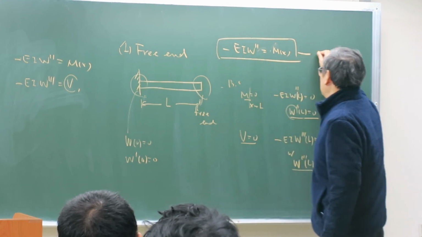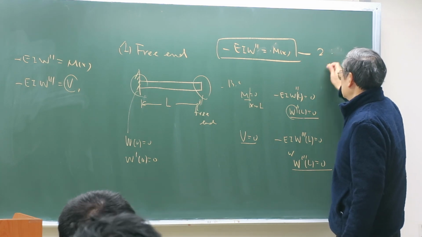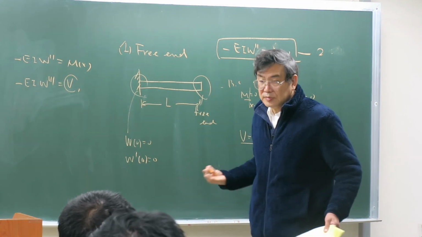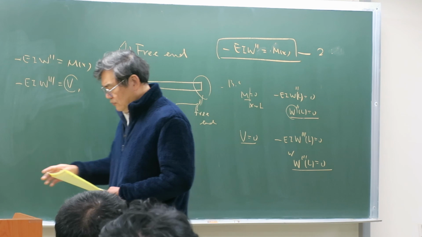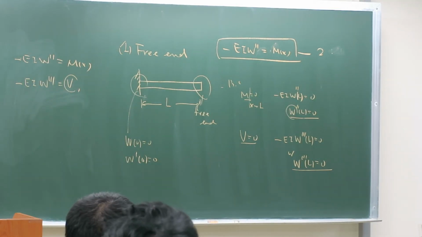But here you have only two unknown constants, and you can use the two boundary conditions here. Okay, so either way. So I see if we can show you. Okay, maybe we can do one example.